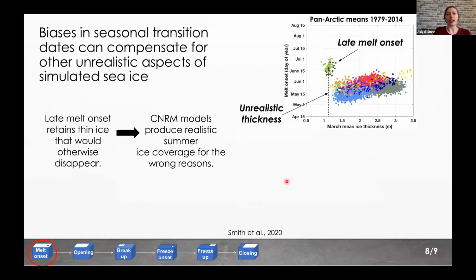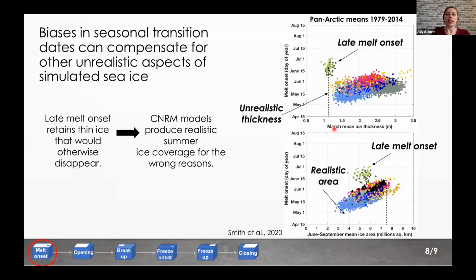This green cloud here shows a couple of models with really late mean melt onset dates over this time period. And we also see that they have unrealistically thin ice in March. However, counterintuitively, those models do have realistic summer ice area, where it falls between this model spread and tends to agree well with those observations that are the triangles.